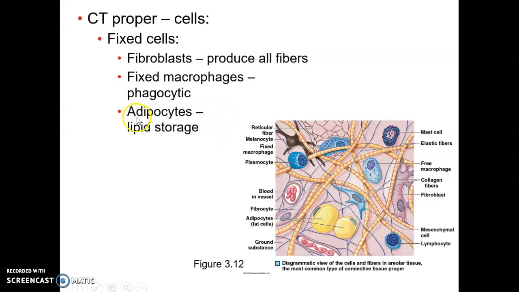There's adipocytes. These are cells that produce and store lipid, meaning fat. So these are some fat cells that are found in connective tissue. And then there are melanocytes that produce a pigment called melanin that would give connective tissue a coloration.